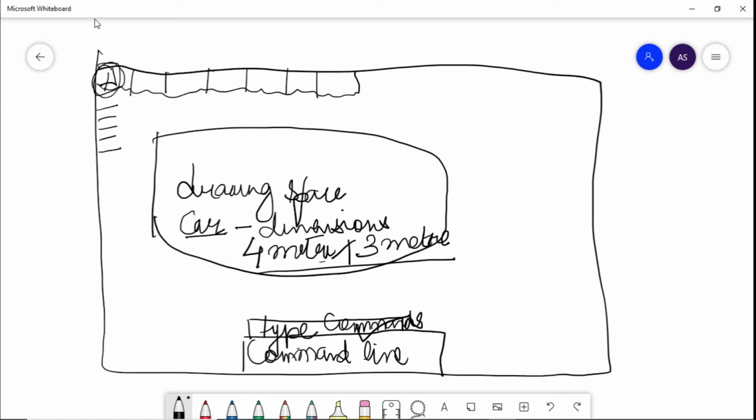Moving on, we have the minimize, maximize and close buttons. You do have that space on the upper right side corner of the AutoCAD window.